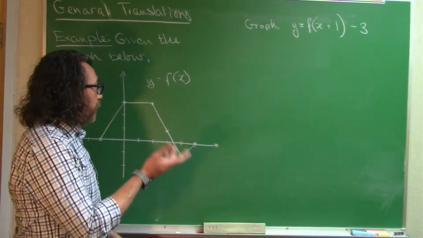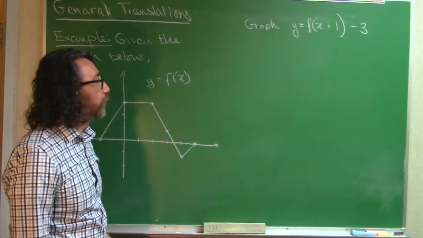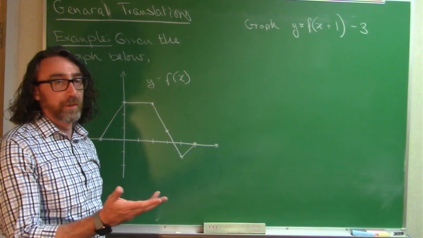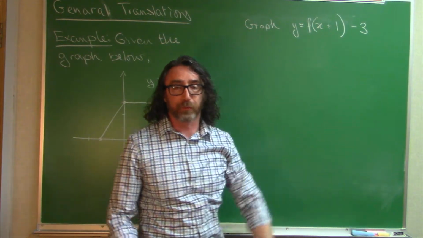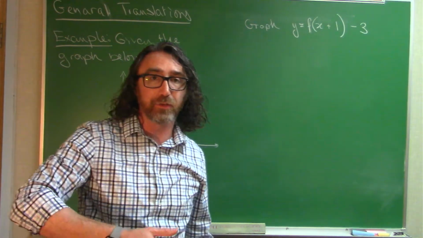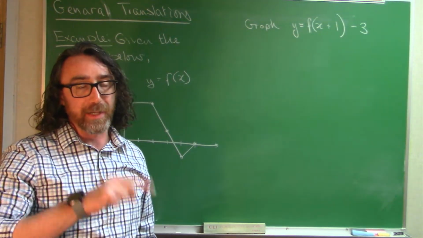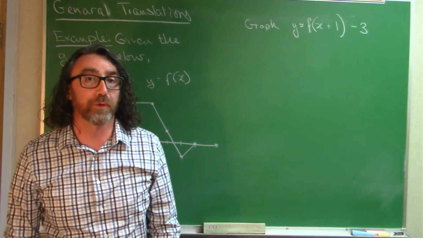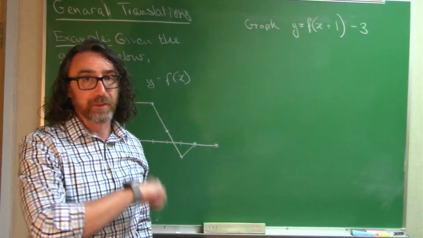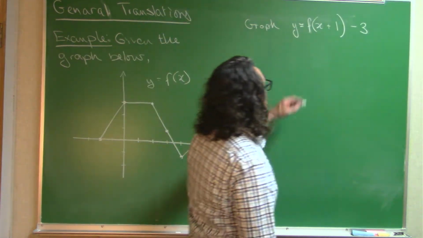All right, so let me just kind of walk through what I'm seeing here. Okay, let's look at the changes here on the input. So the changes to x were x was replaced by x plus 1. So what we're going to do is we're going to do the opposite of that to the x coordinates.